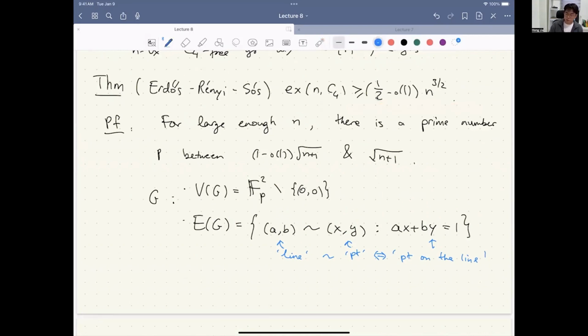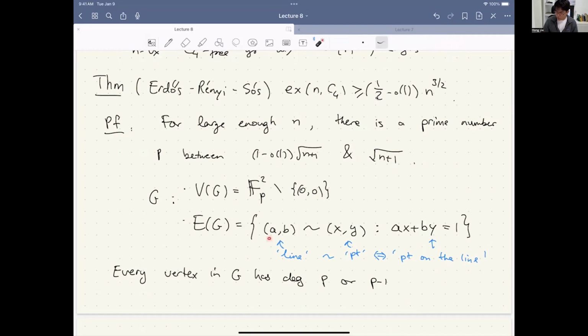So let's first consider the size. The size is easy. Every vertex in G has degree P or P minus 1. Why?